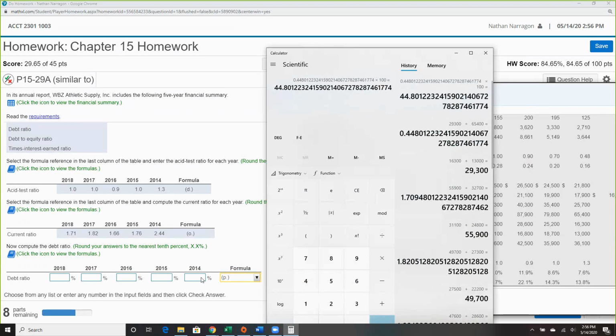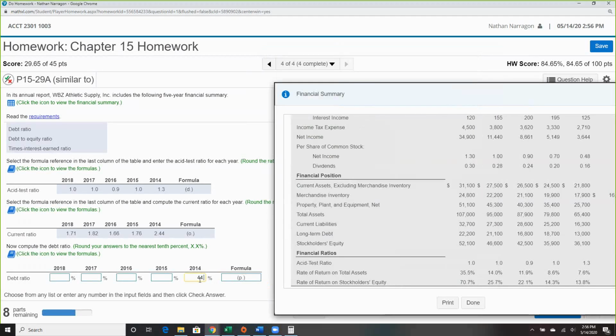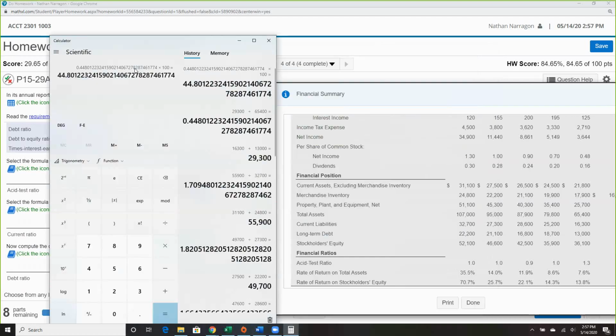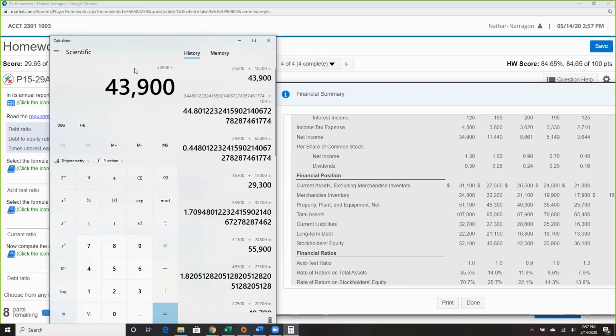So, 44.8. Okay. Next. We have 15 current liabilities plus long-term debt divided by total assets.